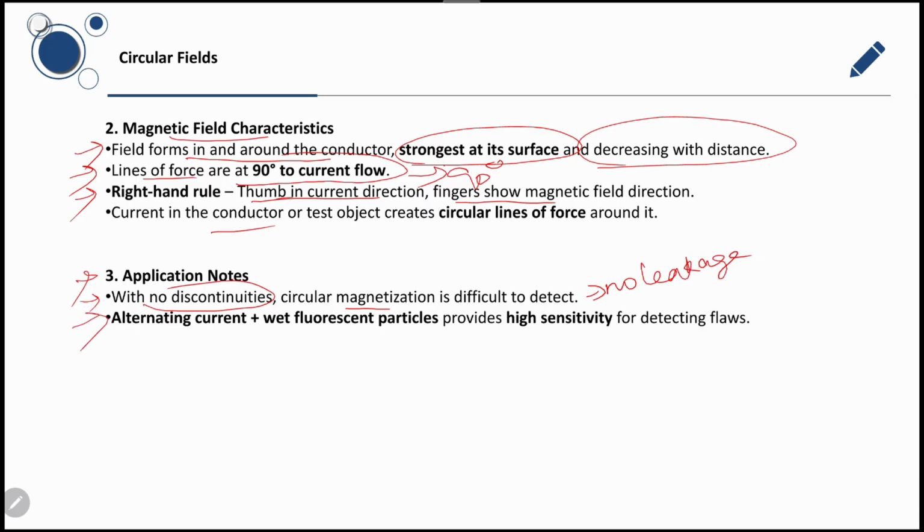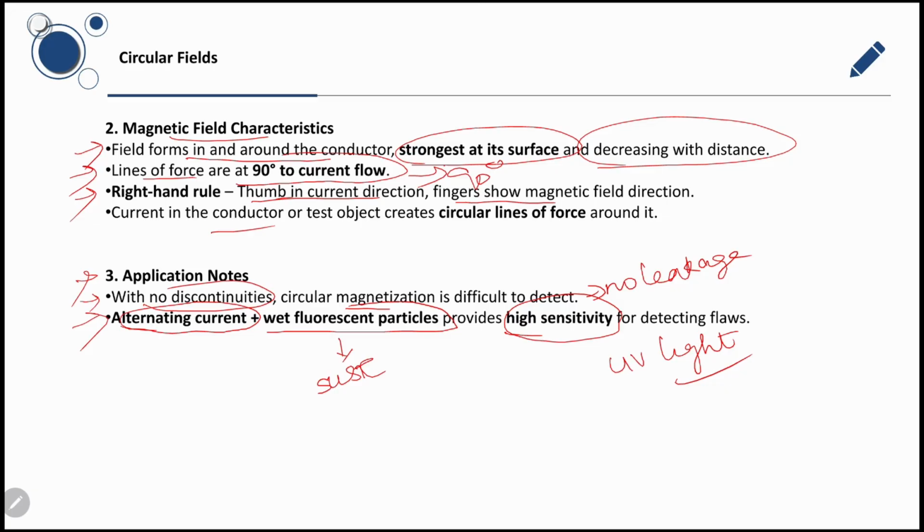The next one is, if we use AC current for surface flaw sensitivity, combine it with wet fluorescent particles, that means particles suspended in liquid. This provides a high sensitivity and a clear glowing indication under UV light.